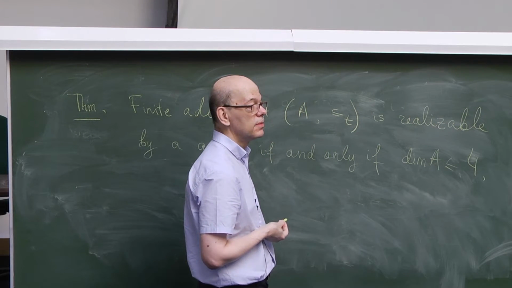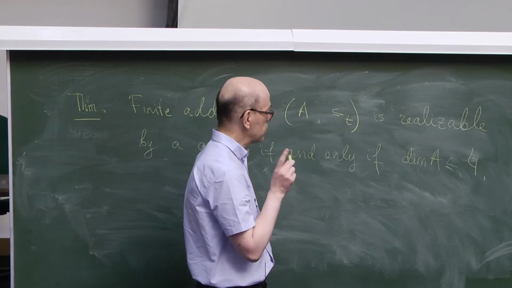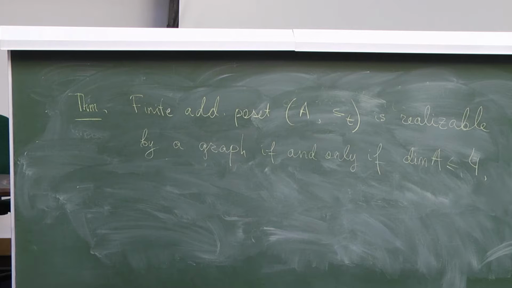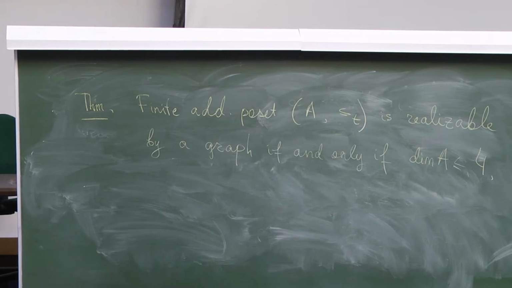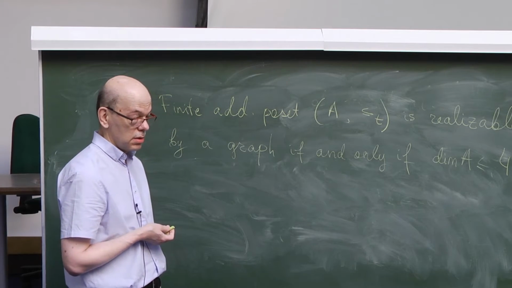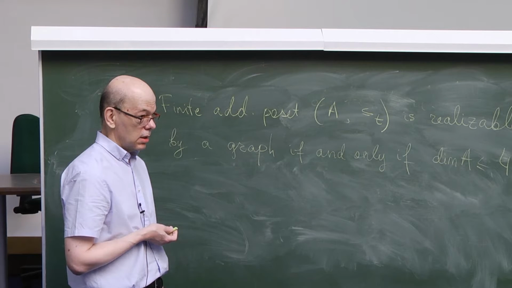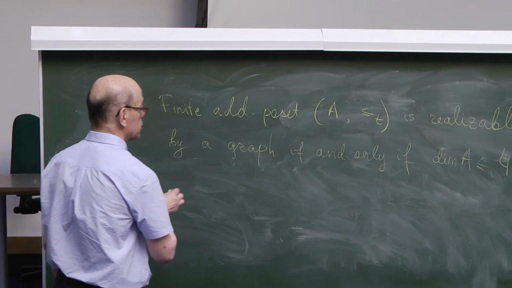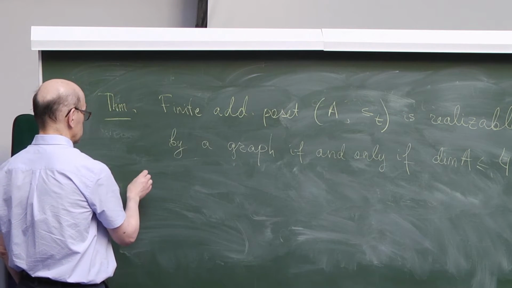You said greater, you wrote less. Less than or equal to 4. Small dimensions 1, 2, 3, 4 are realizable by graphs, but 5 is not realizable. Okay, now how to realize small dimensions?